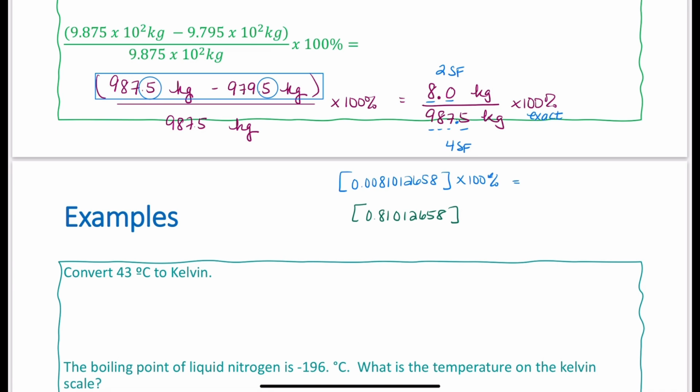My denominator has 4. That means that my number is precise to the second decimal place here, because that's where my sig figs are. I don't have any numbers before the decimal place. I need 2 sig figs. So my final answer will be 0.81, but don't forget your units. My kilograms have canceled out, but now my unit is percent. I do have a percent here.